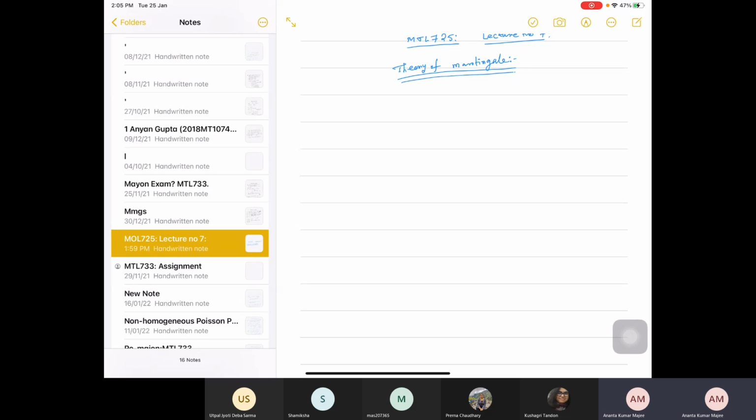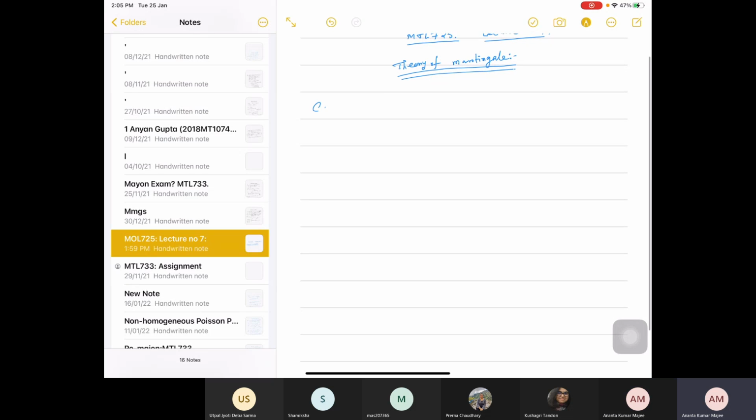For that, I need to know what we mean by conditional expectation. You already know the definition of conditional expectation from your probability course, but here I will state the properties of conditional expectations, and a few things I will try to prove.